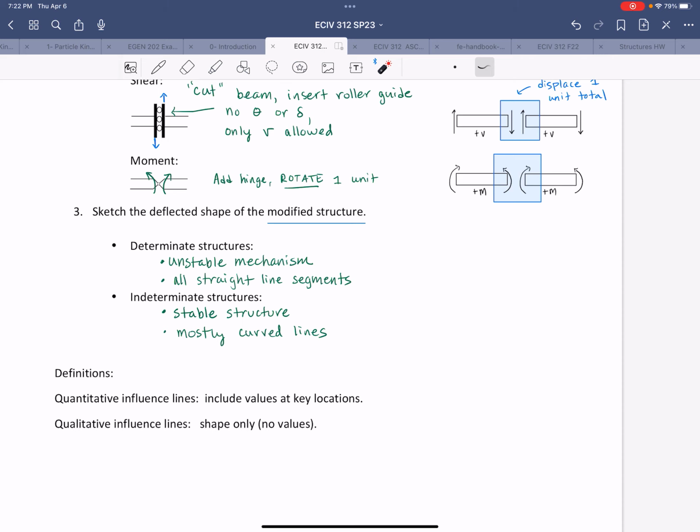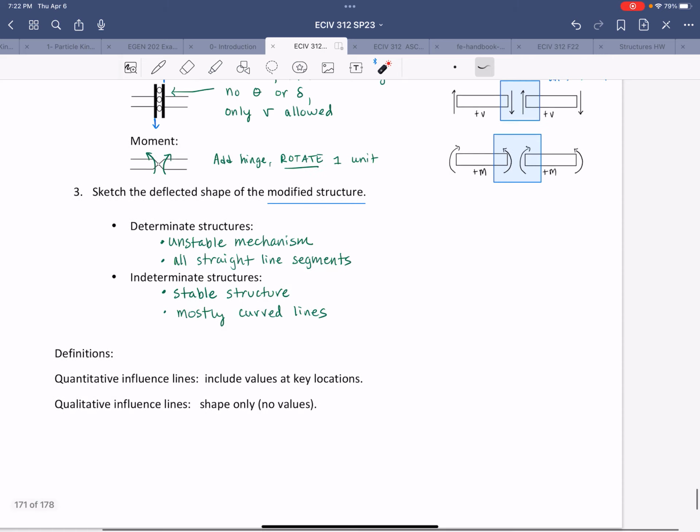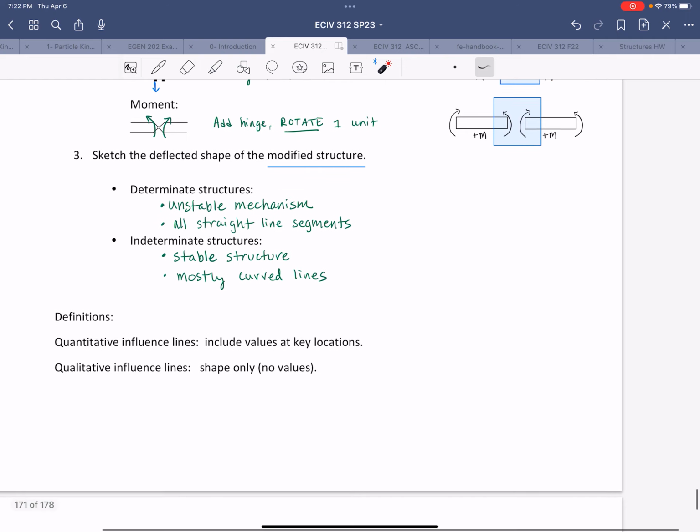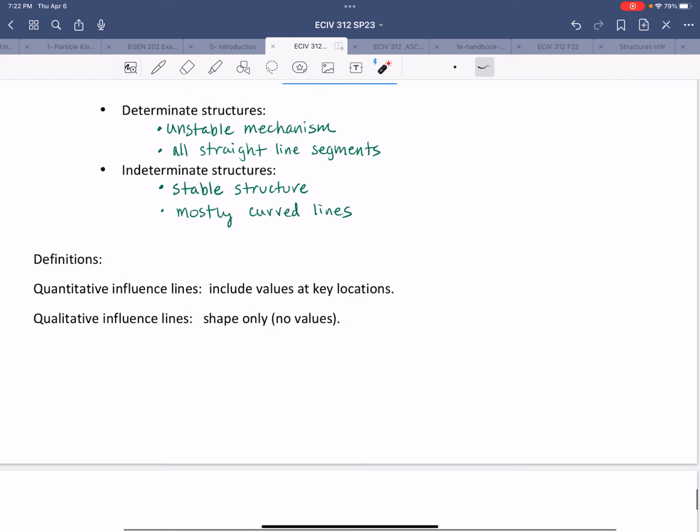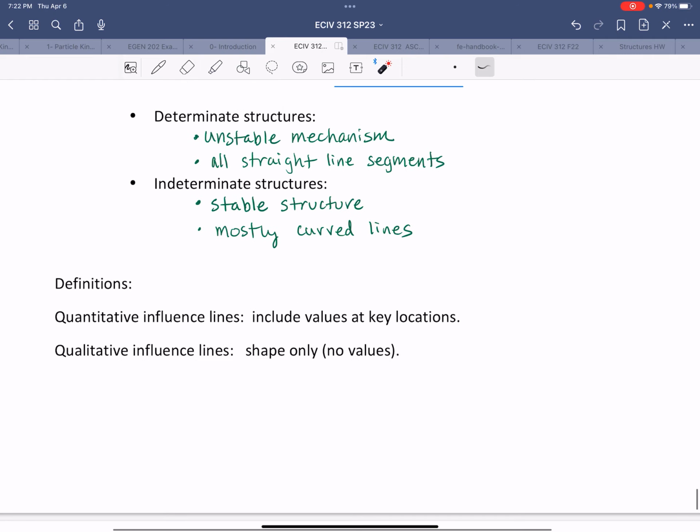If we take away more than 1, then it would be an unstable mechanism. But for our influence lines, we'll never take away more than 1 response at a time. I should say we'll never take away more than 1 response per influence line. That's a more clear way of saying it.